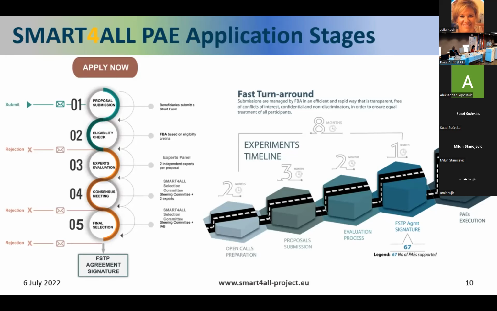From the time that an open call is announced, you have more or less 3 months to apply. And in terms of succeeding, this time slot is 8 months. So from the first time you hear about a call, by the time you get the money, it's 8 months. I can assure you it's quite short. Imagine that for bigger European proposals, we need at least 6 months just for the evaluation period.